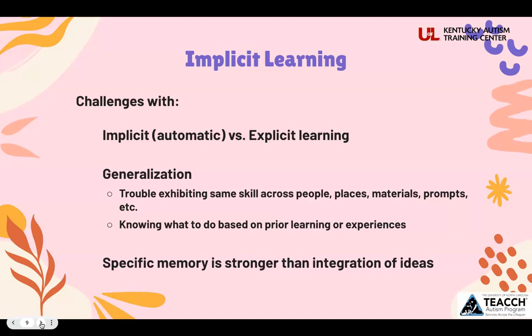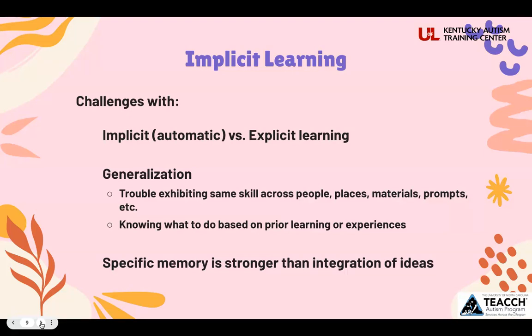preschool, or they've been part of a community for a long time, and when they change communities, usually later on when they start going to work, or do some type of volunteering or internship, they may not be able to perform those skills at the same level, because generalization of those skills to a new setting with new people who say different things, it looks different, may be a little more challenging than it is for other people.